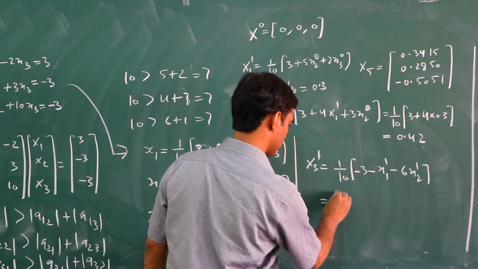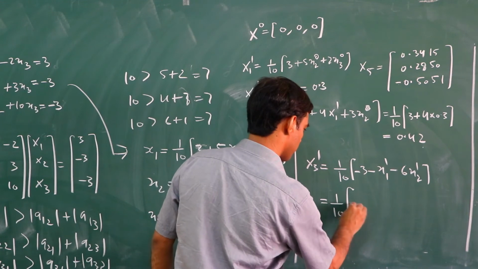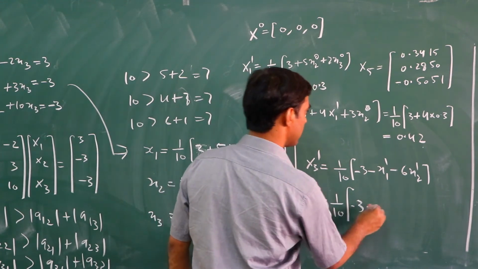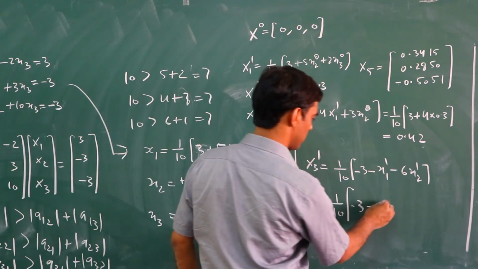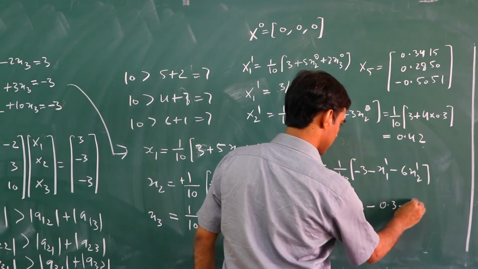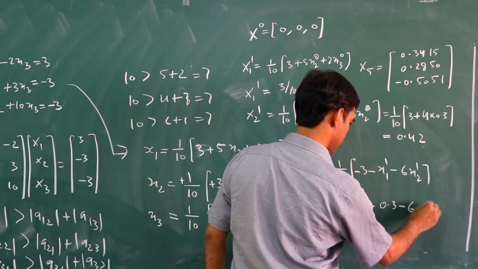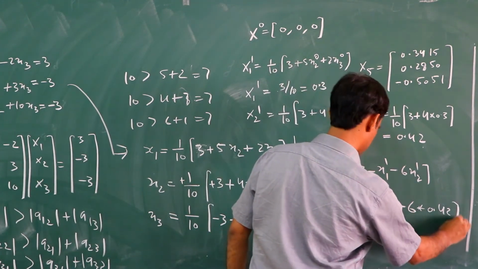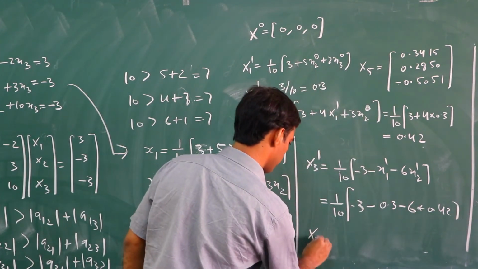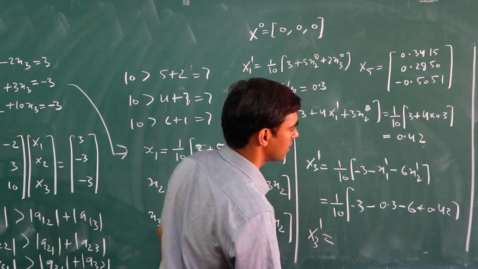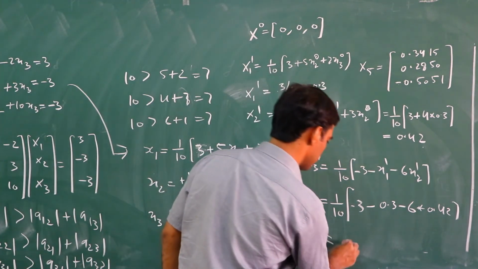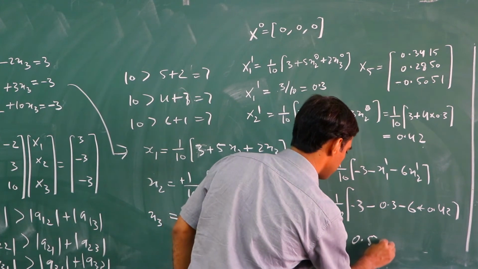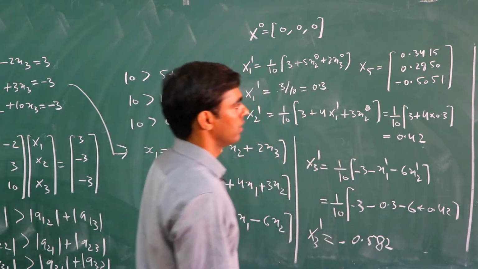So this becomes 1/10 (3 minus 0.3 minus 6 times x2^(1)), and x2^(1) is 0.42. If we simplify this one, x3^(1) becomes minus 0.582.